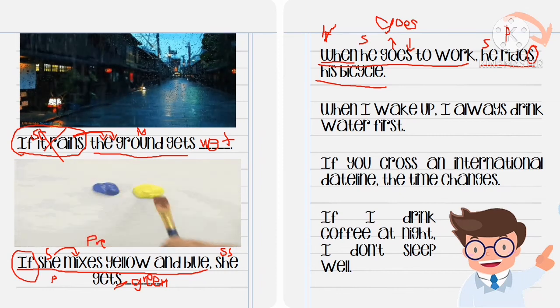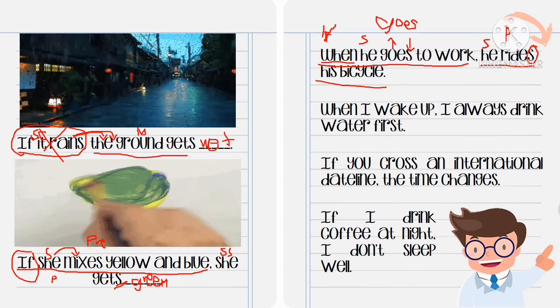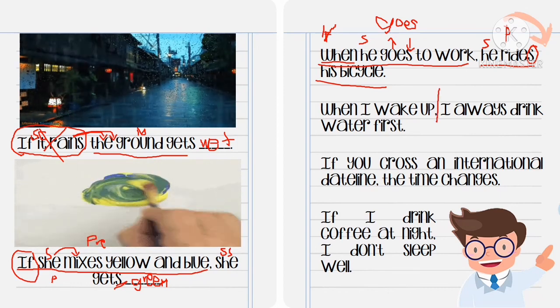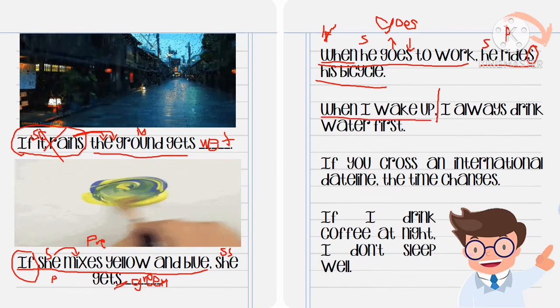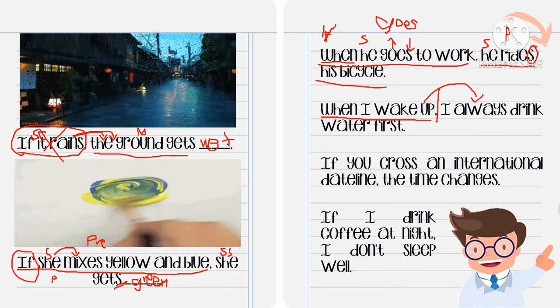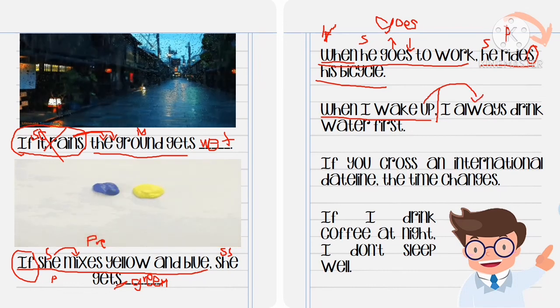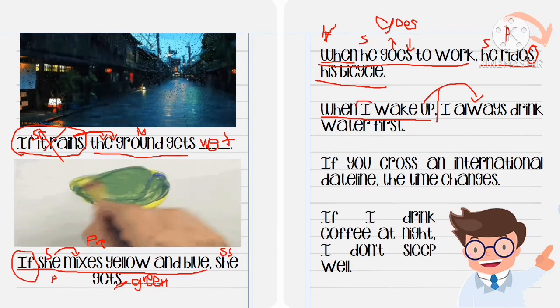Another. When I wake up, I always drink water first. Analyze. Ano yung if clause natin? Ang if clause ay when I wake up, which states the condition. And then, what will happen? Kapag nagigising siya sa umaga, the subject always drink water first. Okay?